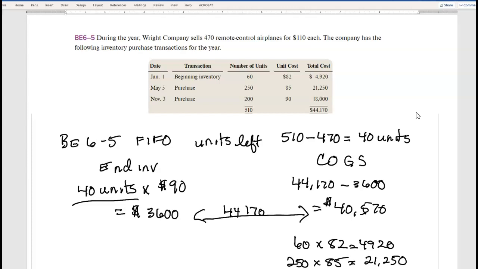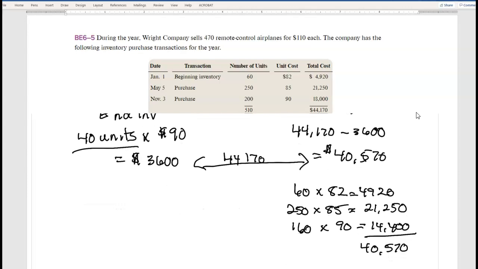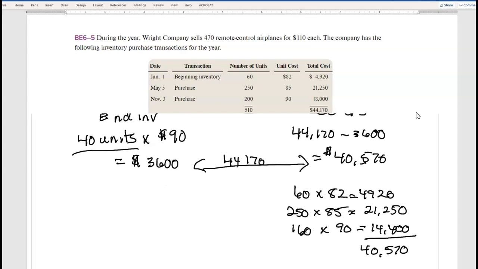And then 160 of the last ones, and those are at 90, so that equals 14,400. And then I could add all of that up, and that would be 40,570. So I can double check myself, but I don't need to do all that math.